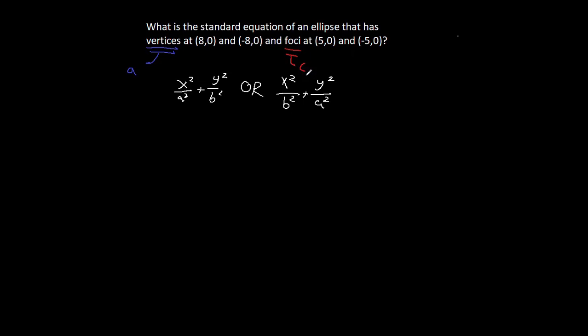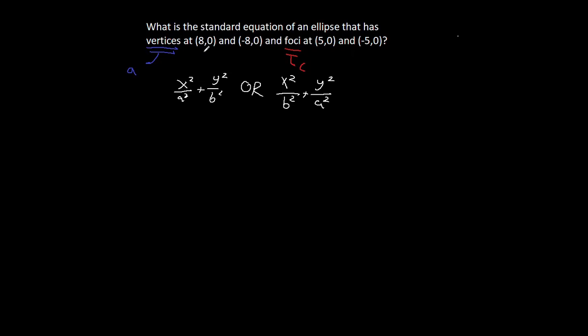We're going to hopefully end up in one of these two cases. So the first thing we need to realize is we have vertices and we have foci, so we have the a and the c parameter that we talked about last time.